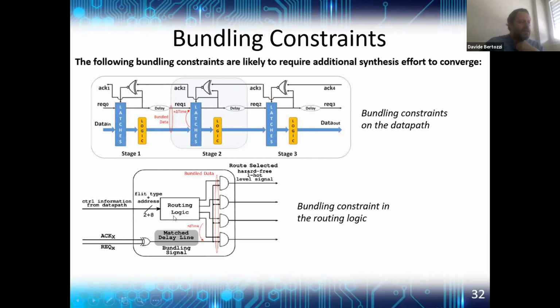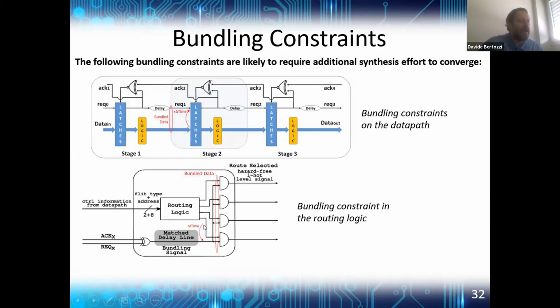Because, see here, after the routing logic, you have a barrier of AND gates. And the reason for this is that you should not propagate any request to output port arbiters before completing the routing computation. Let me remind you that we are using synchronous style logic. Therefore, these signals here are glitchy, waiting for the stabilization.